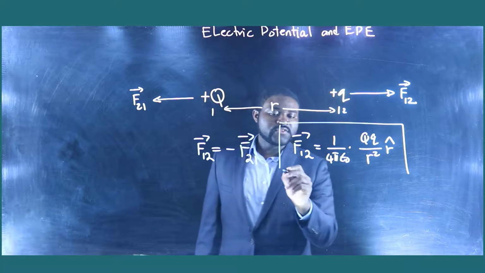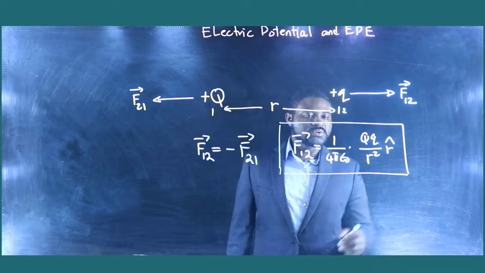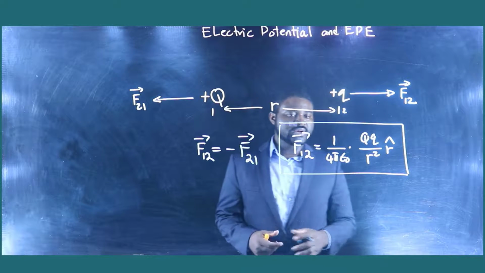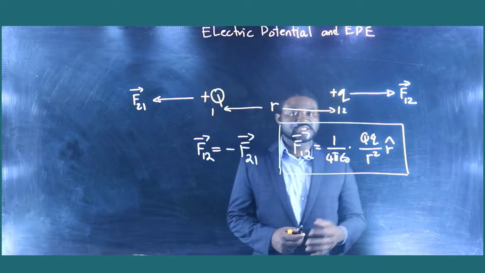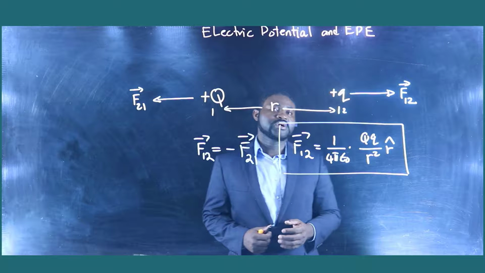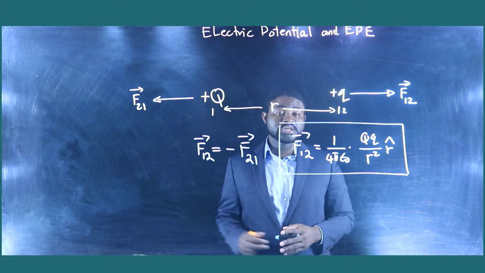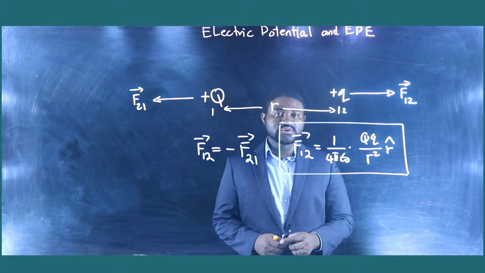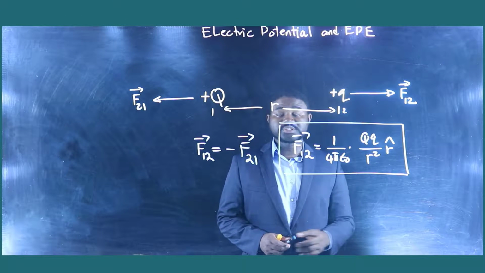Coulomb's law is an experimental law that quantifies the magnitude and the direction of the electric force experienced by one charge in the presence of another charge. But how is this important in the understanding of the concept of electric potential?